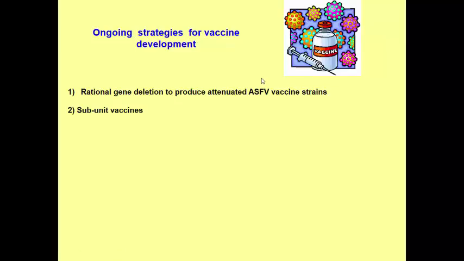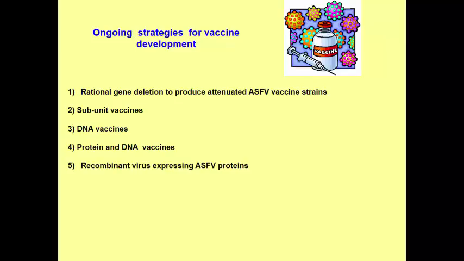This has been pursued through different strategies: gene deletion to produce attenuated ASF vaccine strains, subunit vaccines, DNA vaccines, protein and DNA vaccines, recombinant viruses expressing ASF proteins, and replication-deficient viruses, which are also being studied to provide a basis for vaccine development. Many groups are dedicated to vaccine development, and hopefully, not as quickly as we would like, but I think we have the basics to go ahead and produce these vaccines.